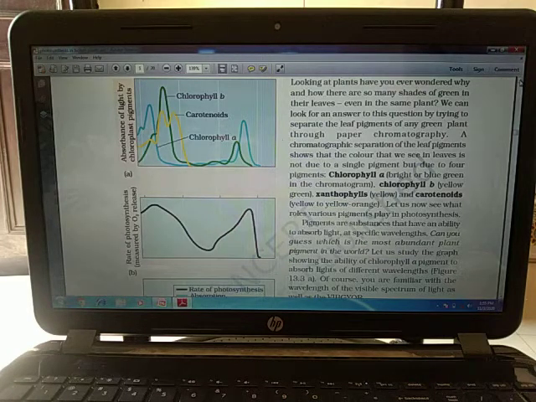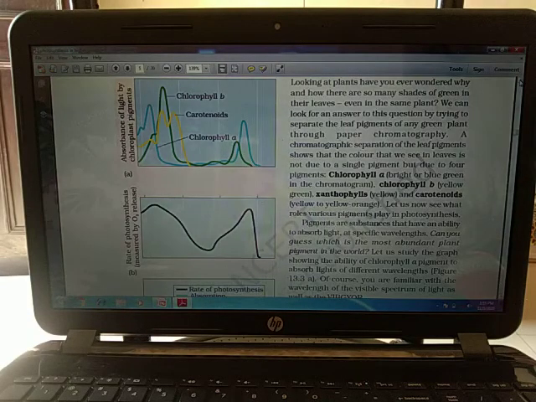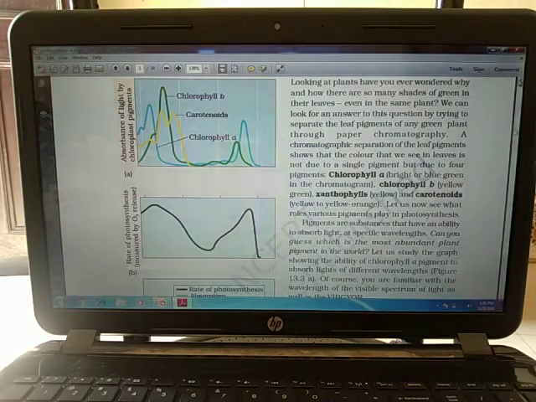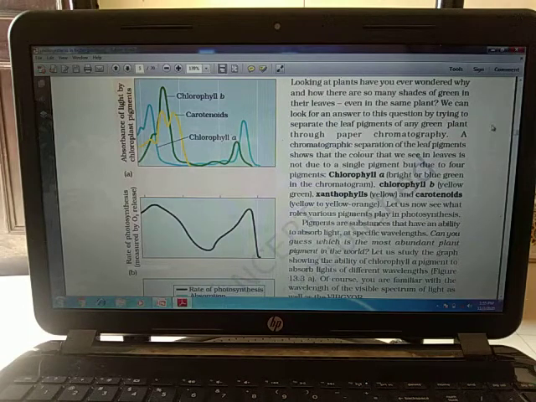Both carotene and xanthophyll are soluble in organic solvents like chloroform, and besides chloroform they can dissolve in ethyl ether also. Carotenes are more soluble in carbon disulfide as compared to xanthophylls.